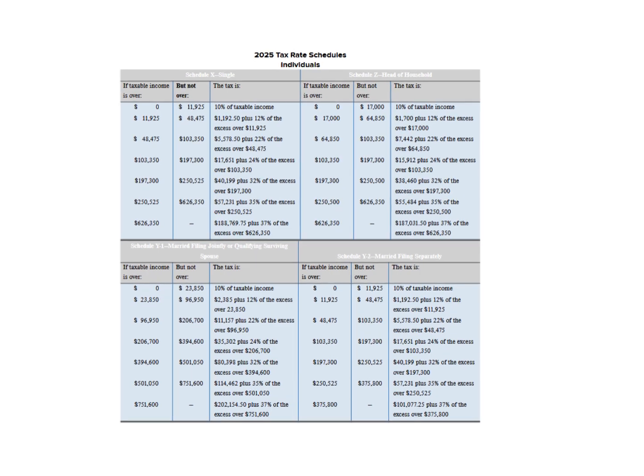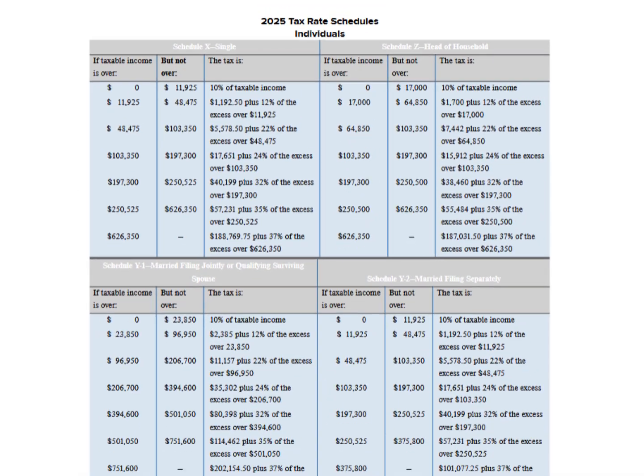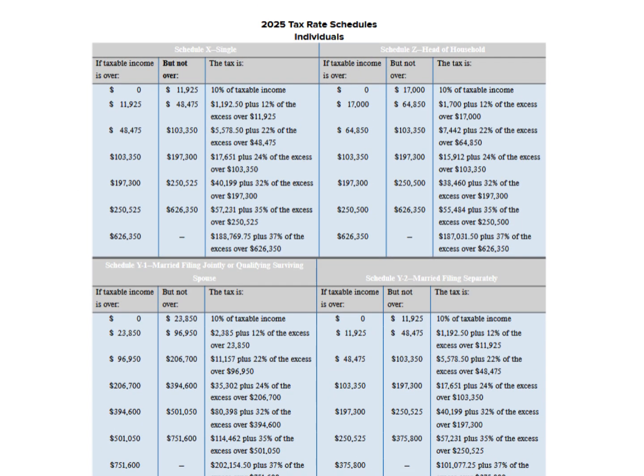All right, so this is our tax rate schedule. I'm going to make this just a little bit bigger, okay? And now remember that Bill and Mercedes are married filing jointly, okay? And so when we're married filing jointly, we're interested in this quadrant of our tax rate schedule, okay?